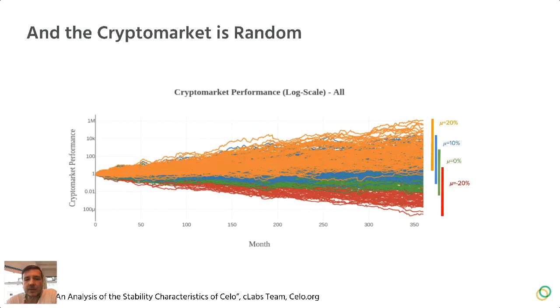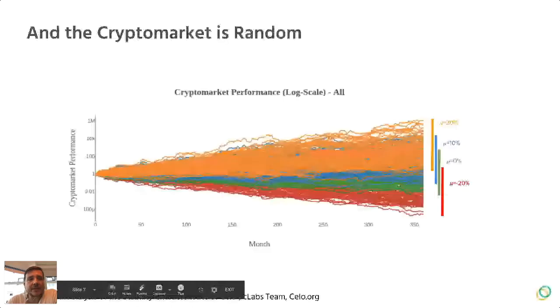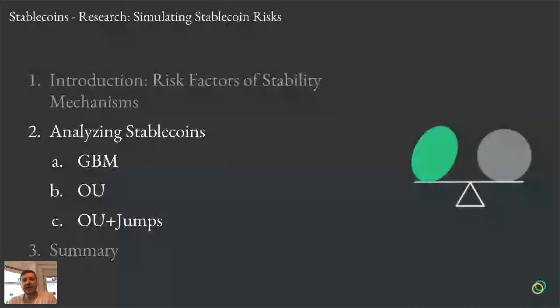And you could use different stochastic processes to model these risks and to come up with scenarios. So this is the major part of the talk today: how could we do that? How could we analyze a stablecoin by using different stochastic processes and using these stochastic processes to model the risk factors that could affect the stablecoin you're looking at?